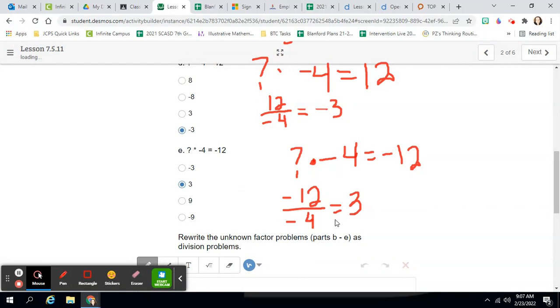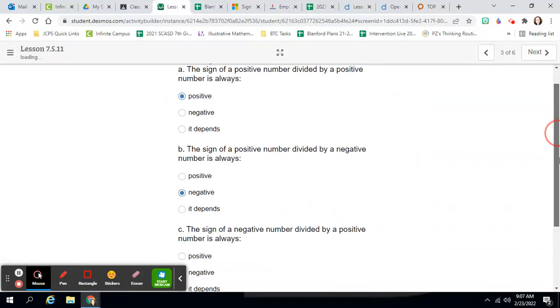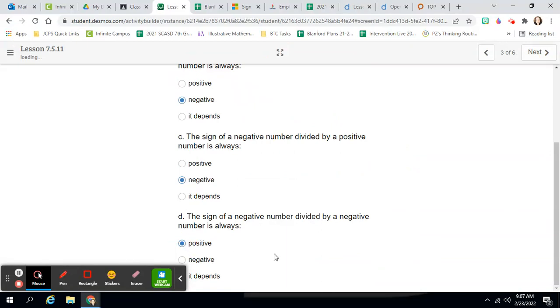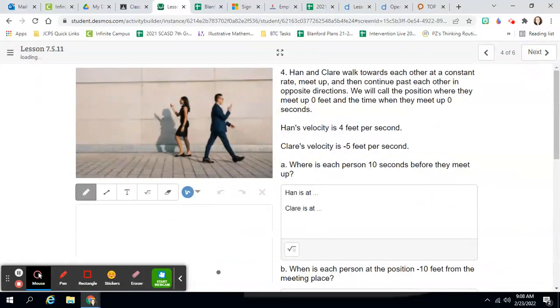So if you've already got a negative number that you're multiplying by and you want a negative answer, you're going to have to multiply by a positive. And those are our answers. So we've found here that it actually works out exactly the same as multiplication.